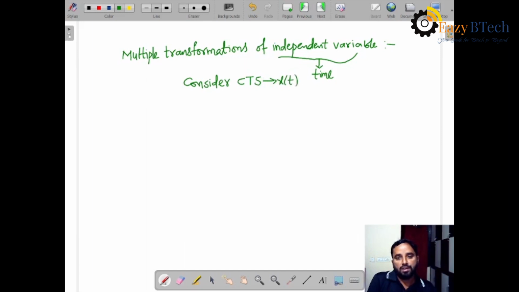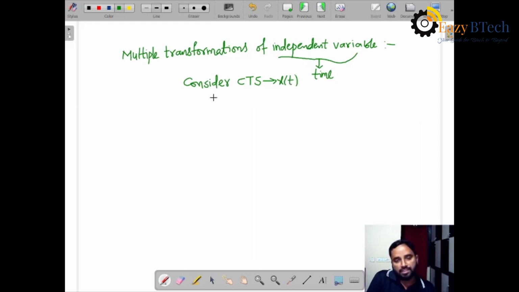Multiple transformations of the independent variable may involve time shifting, time scaling and time reversal. All these operations we are doing on this x of t.